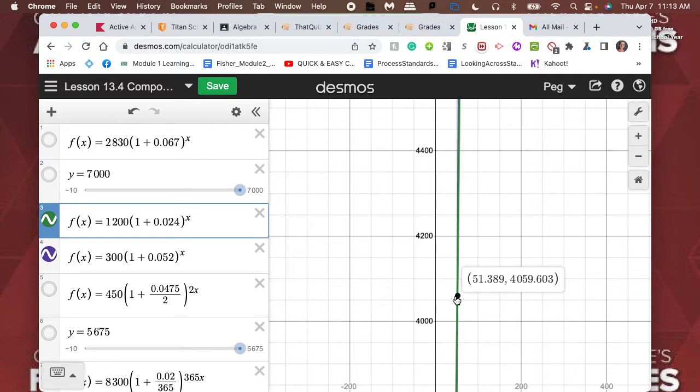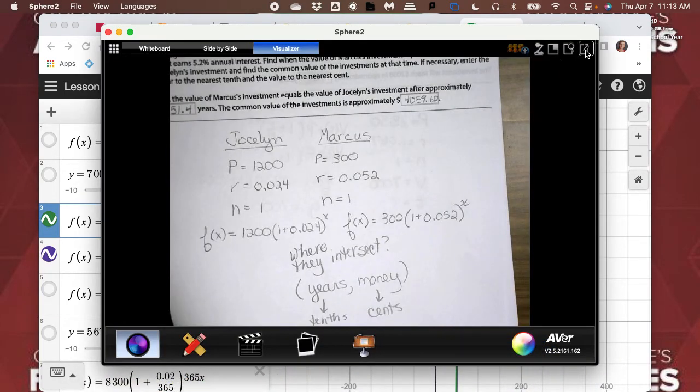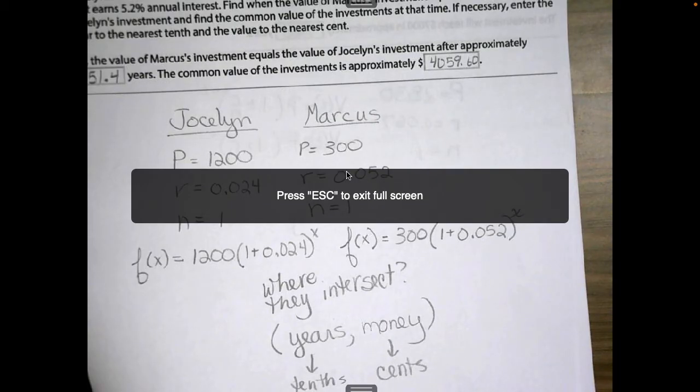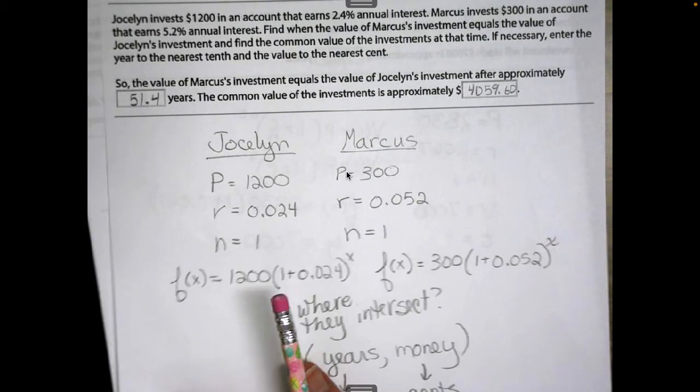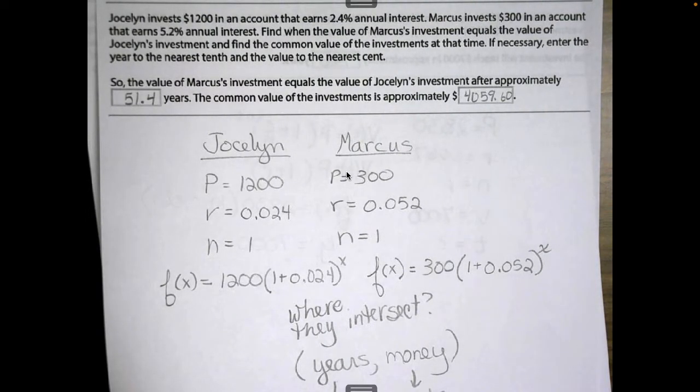So, interesting game on investment. About $4,059.60. So that is probably for retirement. And that's only annual interest.